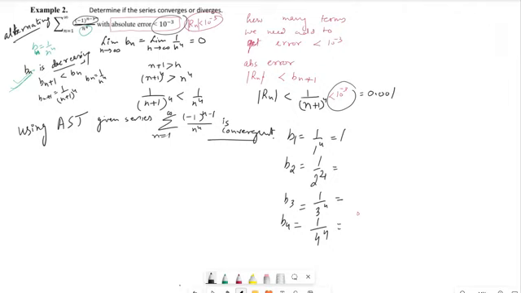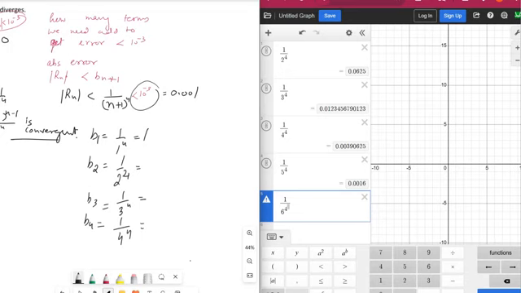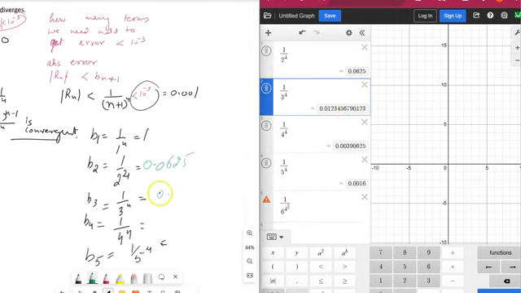So I'm going to use, say, desmos.com. So you guys notice what I've calculated. B2 is 1 by 2 to the power 4, which is 0.0625. B3 is 1 by 3 to the power 4, which is 0.0123. B4 is 0.003. And B5 here is 0.0016.